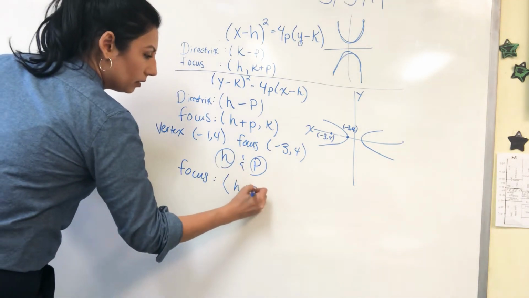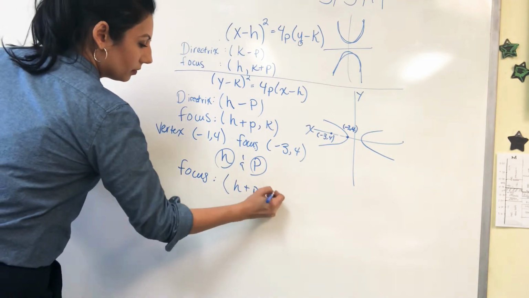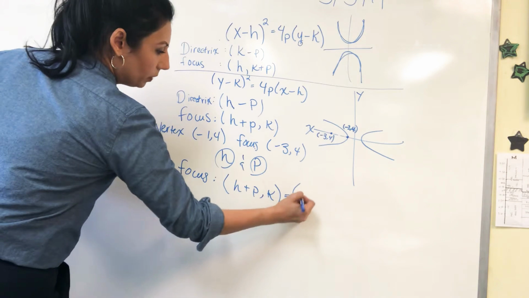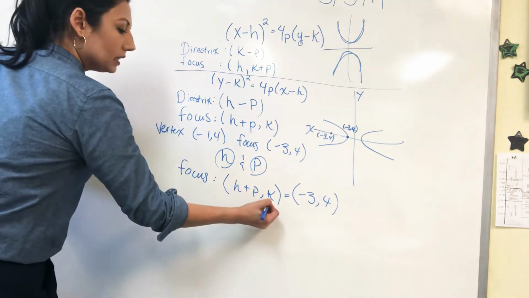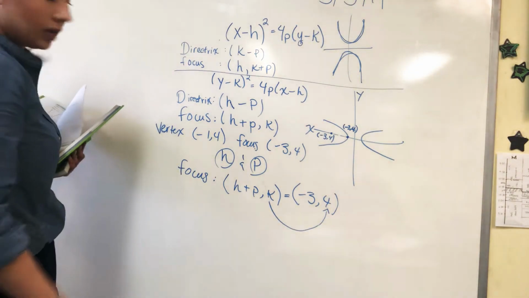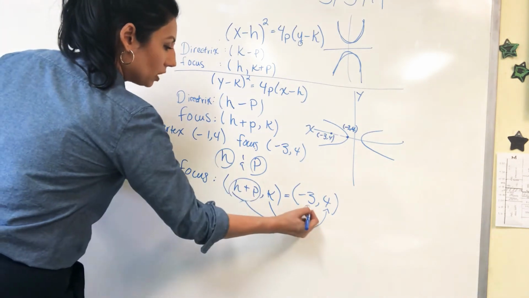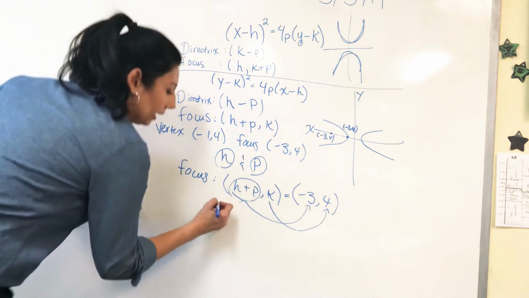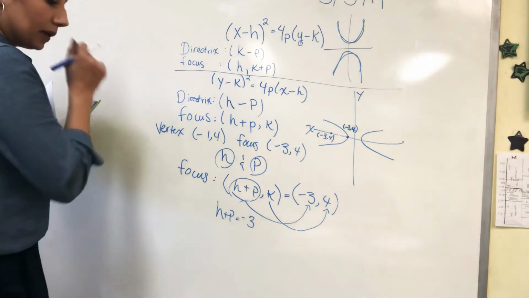H plus P. This should be equivalent to this, okay? So what they're saying is K matches up with 4, and this right here, H plus P, matches up with -3. So they're saying H plus P equals -3.